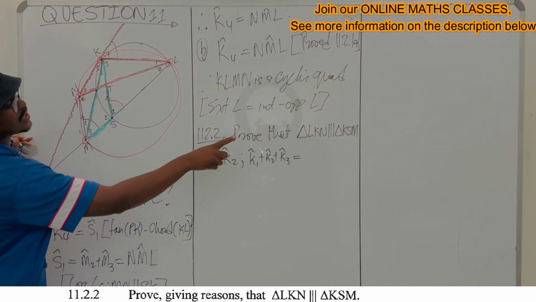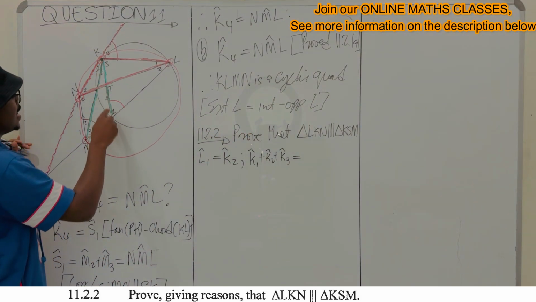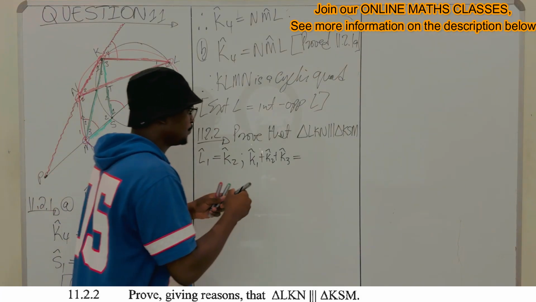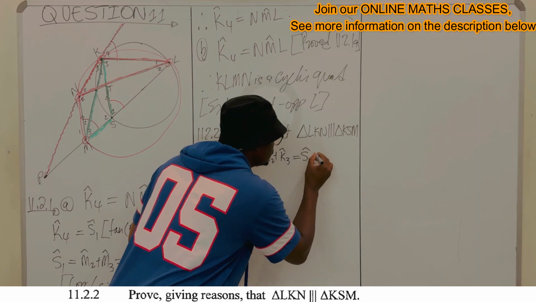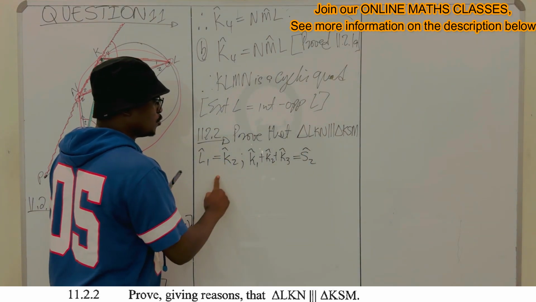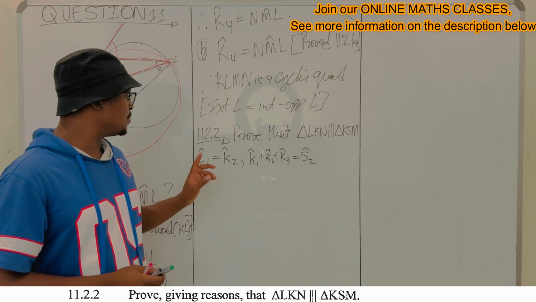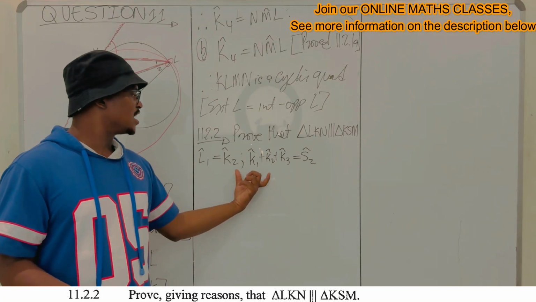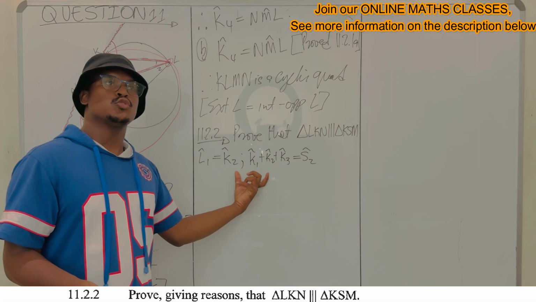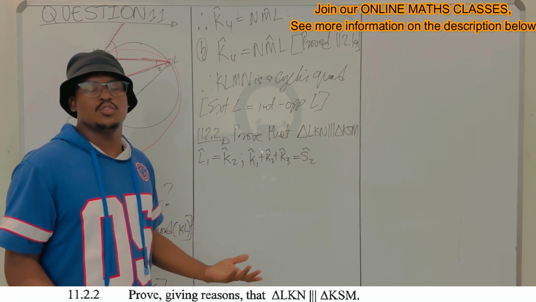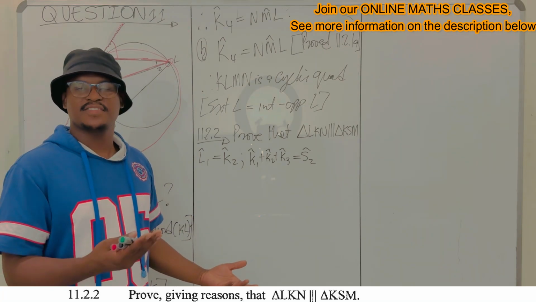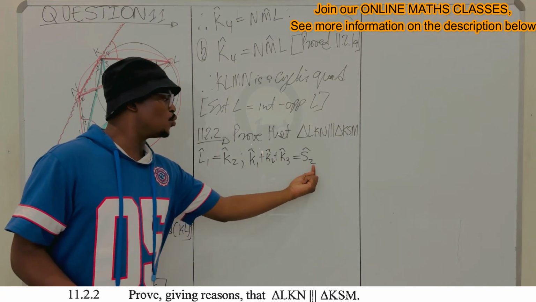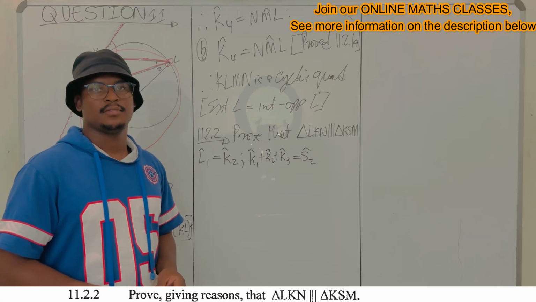The second triangle is KSM, so that is equal to S2, right? So show it equal to S2. If you can show that only these two, you are done. It will be enough, just showing two pairs of corresponding angles. If you want to show that these two are equal and these two are equal, that will be enough.